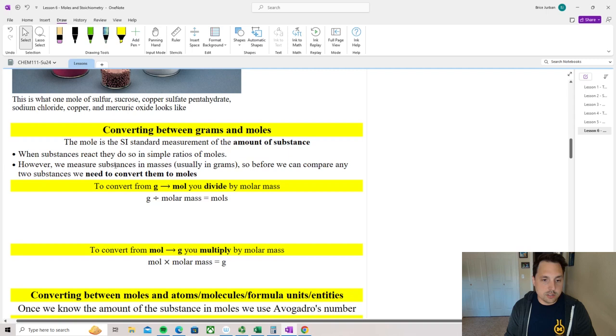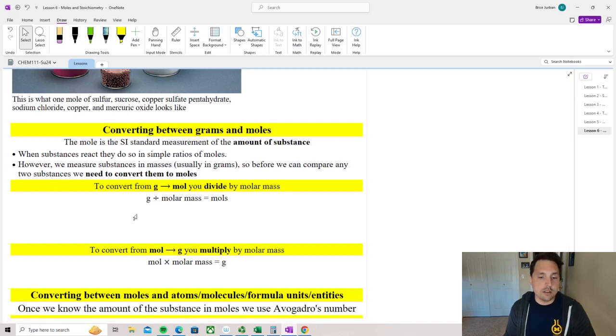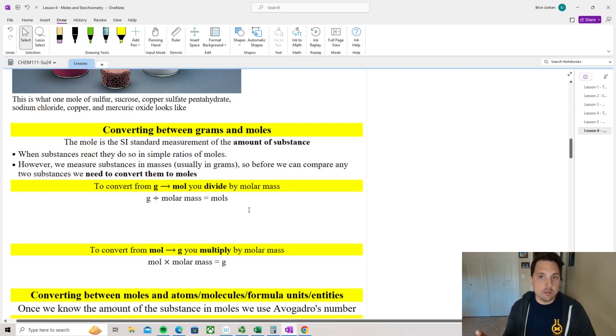When we measure substances, we have to do it in grams. So before we can compare any two substances, we're always going to need to convert them into moles. And this is something that you're going to have to get used to. We can't compare the masses of two compounds directly, like we were doing in lessons 3 and 4.